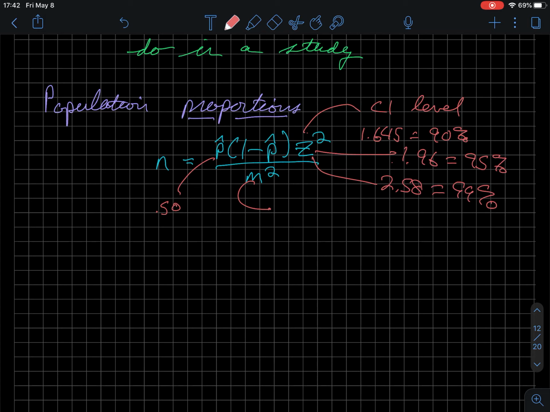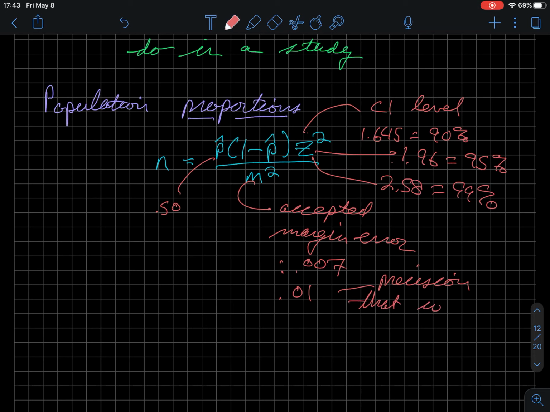And this is going to be the accepted margin of error. Let's say we want to be within 0.07 or 0.01 or whatever, right? So this helps understand the precision that we want. So you can see that outside of the cost aspect, this formula builds in everything, the precision, the confidence interval, and the value that we're trying to estimate, all into one little formula.